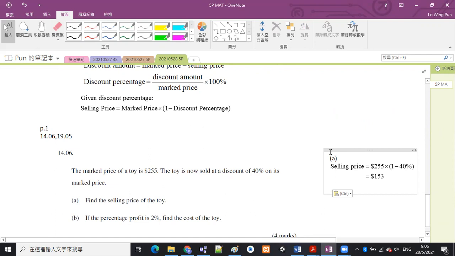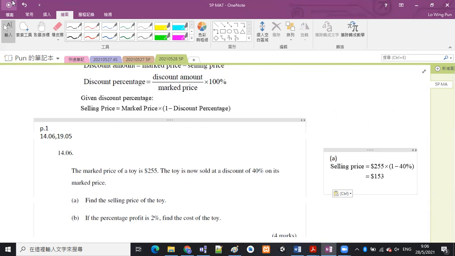And then, if the percentage profit is 2%, find the cost of the toy. So what is given in part B? Percentage profit is 2%. In your revision notes, which line should we use to start with the equation?